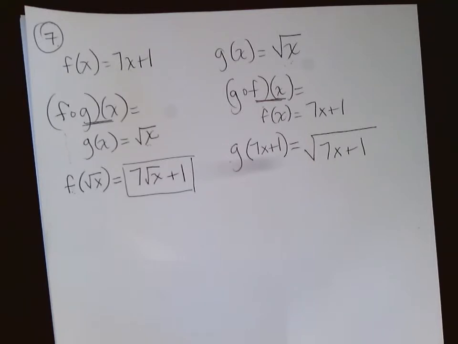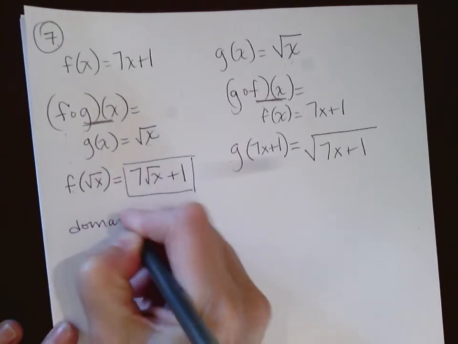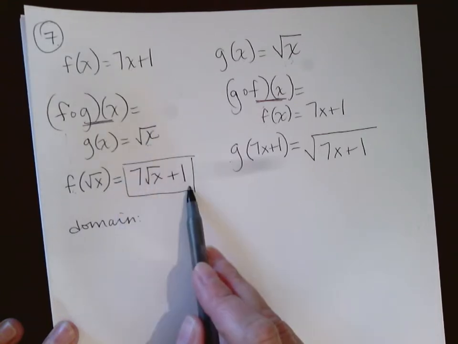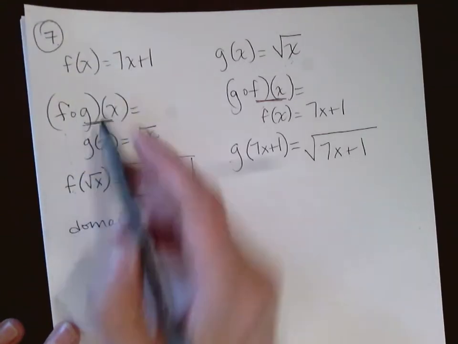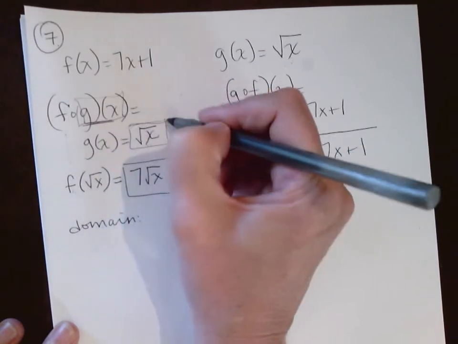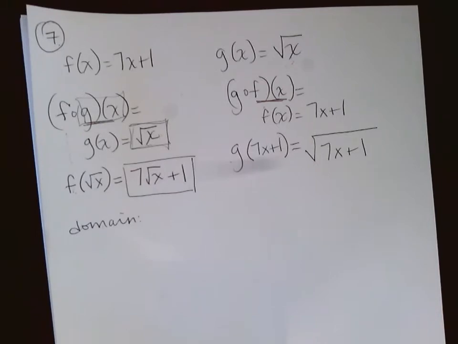Now, again, I'm going to find the domain of both of these. So, let's look for restrictions in the answer and then the restrictions of what you plugged in, which was g of x in this case. So, I'm looking for restrictions in these two spots. The good news is that they both have the same restriction, right?